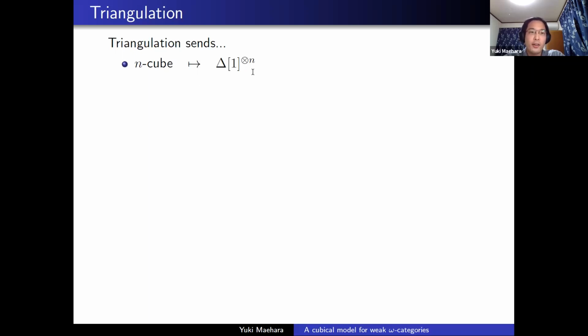I will not give you the precise definition of the simplicial Gray tensor product, but at least in dimension 2, here's what this thing looks like. On the underlying simplicial sets, this tensor product is just a Cartesian product. So the Cartesian product of 2 copies of delta 1 is just this square with a diagonal and two simplices pointing away from each other.